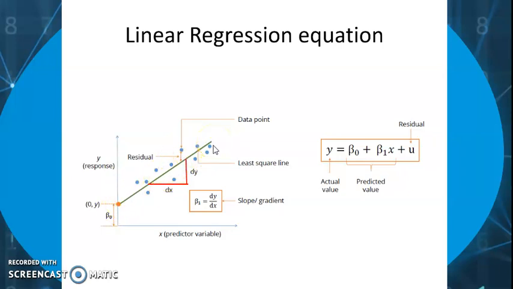That means the value y that I am going to get on the basis of my equation is here. So the difference between the actual y and the predicted value of y is called the residual. I repeat, the difference between the actual y and the predicted value of y is called the residual.